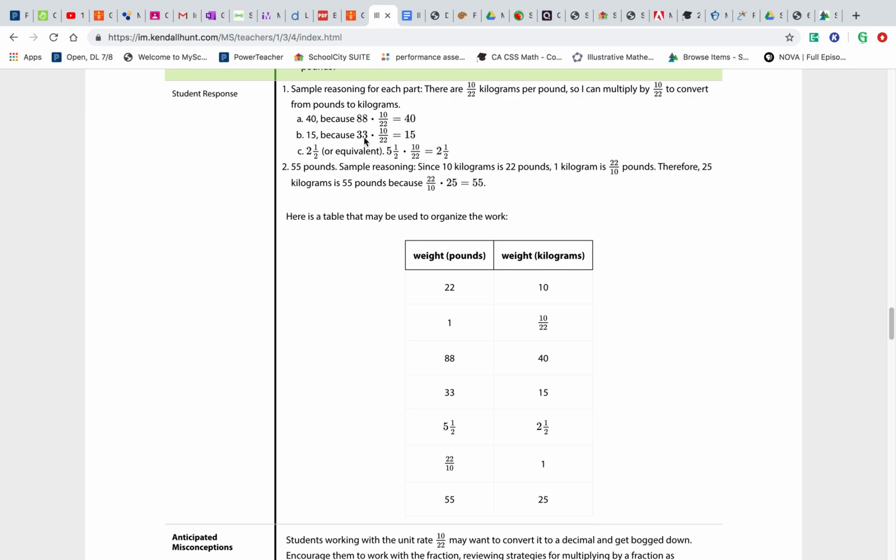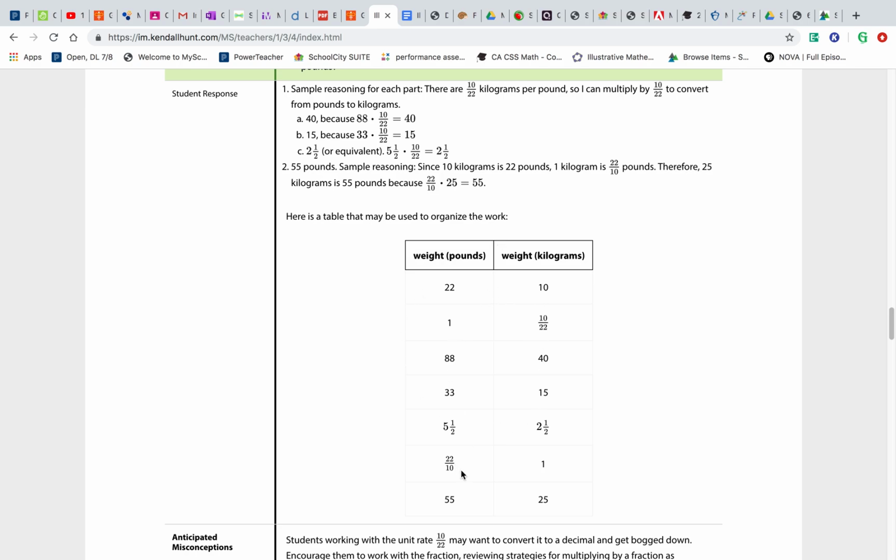For 33, multiply times 10 over 22, you'll get 15, and same thing here. We still end up with the same answers I mentioned earlier. In this case, we're switching it back. A kilogram is 22 over 10 pounds, so you can see the fraction is the reciprocal. They turned it upside down, and multiply that times 25, and you get 55.